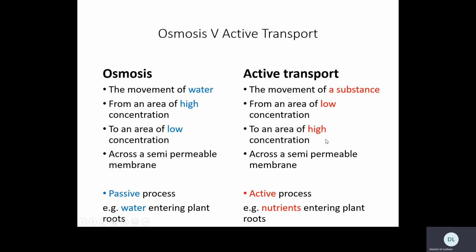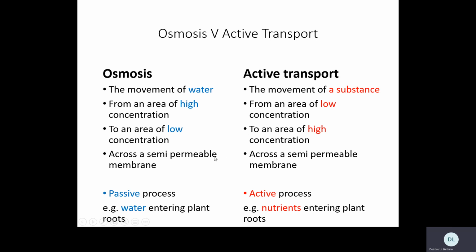And they're moving into the roots that have probably already absorbed quite a lot of calcium, quite a lot of magnesium, quite a lot of nitrate. And so they're going into an area of high concentration. Again, the exact opposite. So if you think about it, they're going against the concentration gradient. And that's going to require energy. And that's why it's called an active process. You need energy in order to do that.